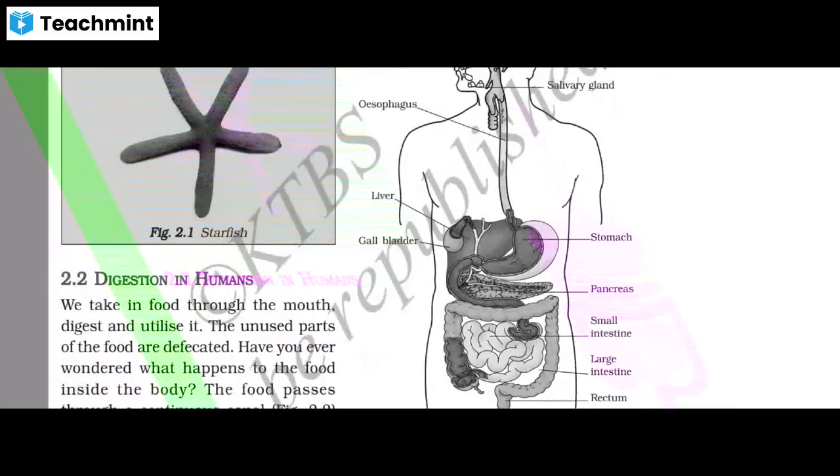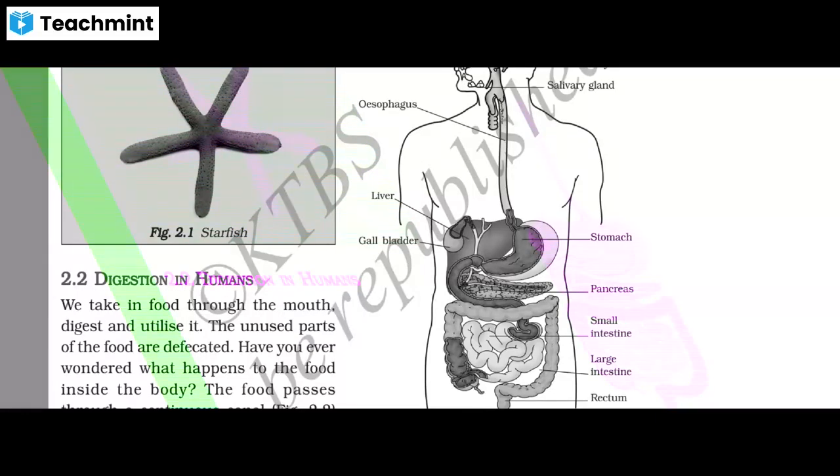Organs means what? A group of cells makes a tissue. How is that group formed?